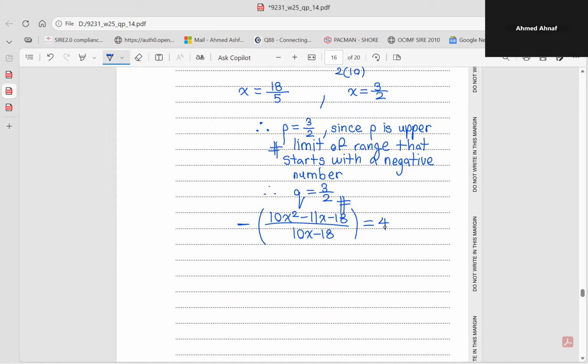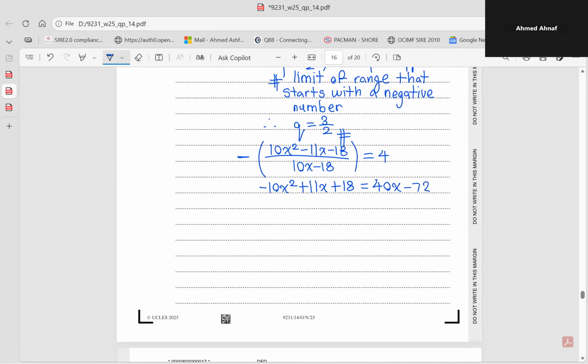So minus 10x squared plus 11x plus 18, 40x minus 72. Okay, so 10x squared plus 29x minus 72 minus 18, that's minus 90, equals 0.